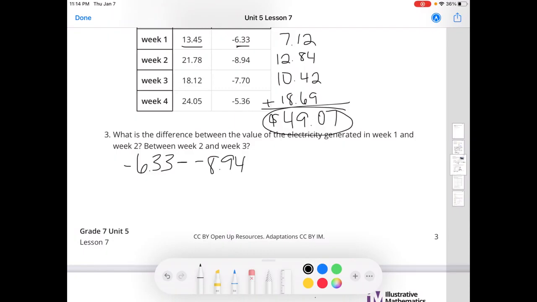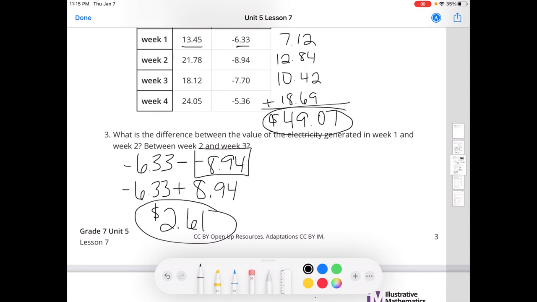So since I have a subtraction, I'm going to change that to addition. So negative $6.33 plus, now I got to use the opposite of this, so plus $8.94. And if I completed this on a number line, I would land at $2.61. So that's the difference between week 1 and week 2.